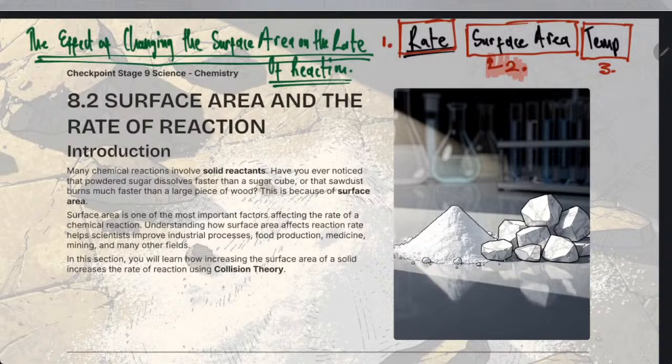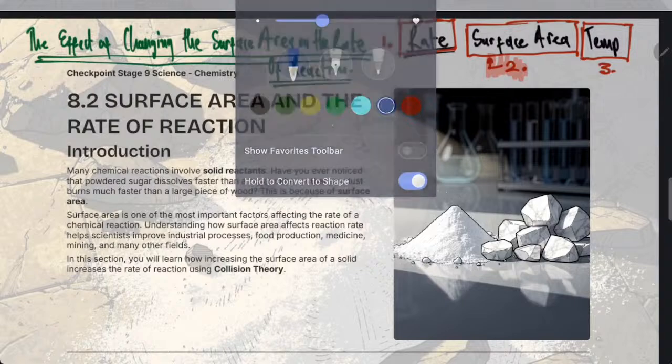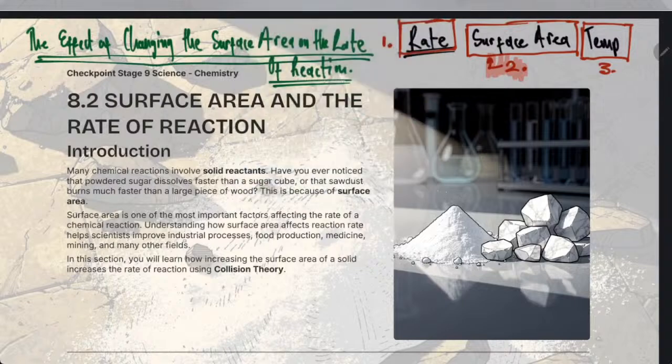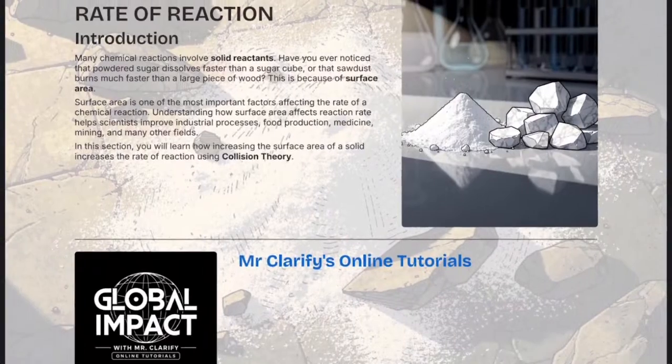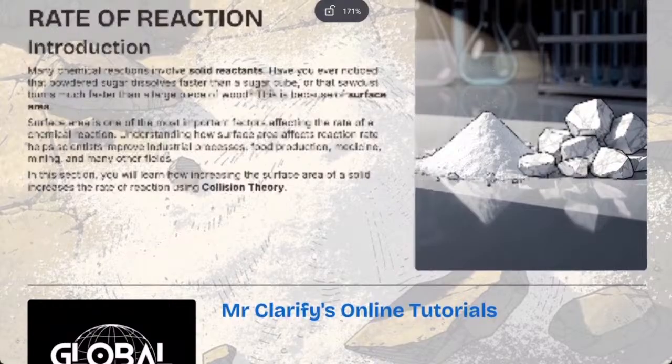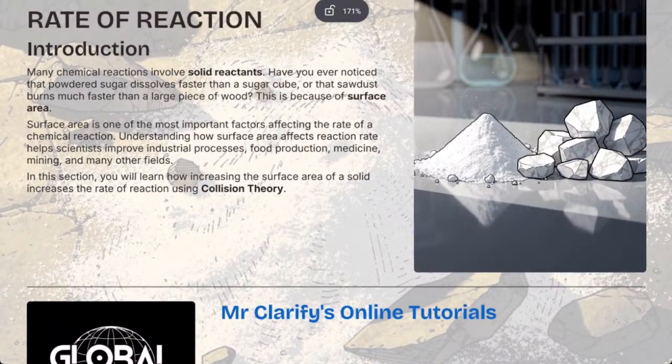So let's see what the effect is going to be. Let's go for it, boys. Now, surface area, what is it? I'm going to try and introduce to you what the word surface area means, and how increasing the surface area of a solid is going to increase the rate.